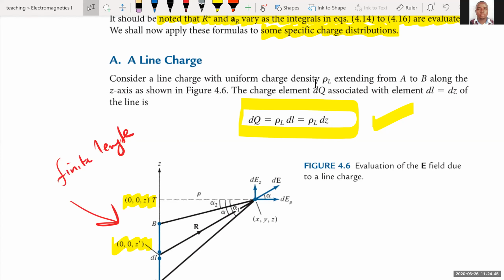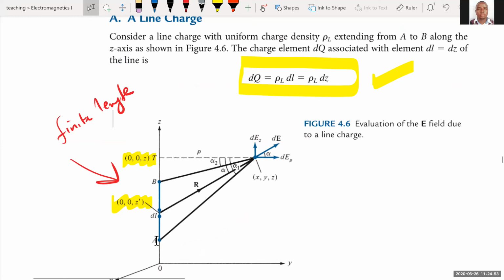So consider a line charge with uniform charge density, rho L, extending from A to B. So you can see A and B along the Z axis, as shown in figure 4.6. This is our figure 4.6. This is my charge element dq.